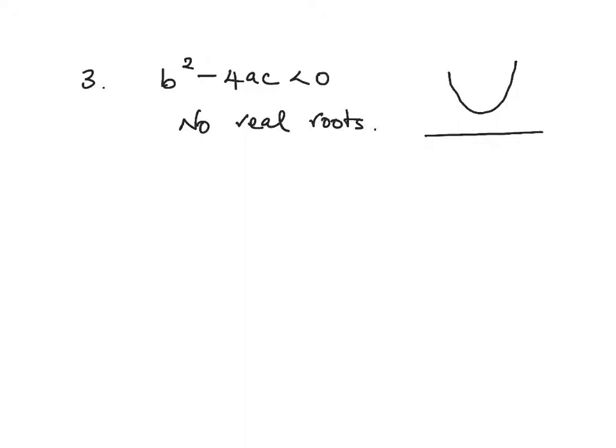And an example of this might be something like 2x squared plus 3x plus 7 equals 0.